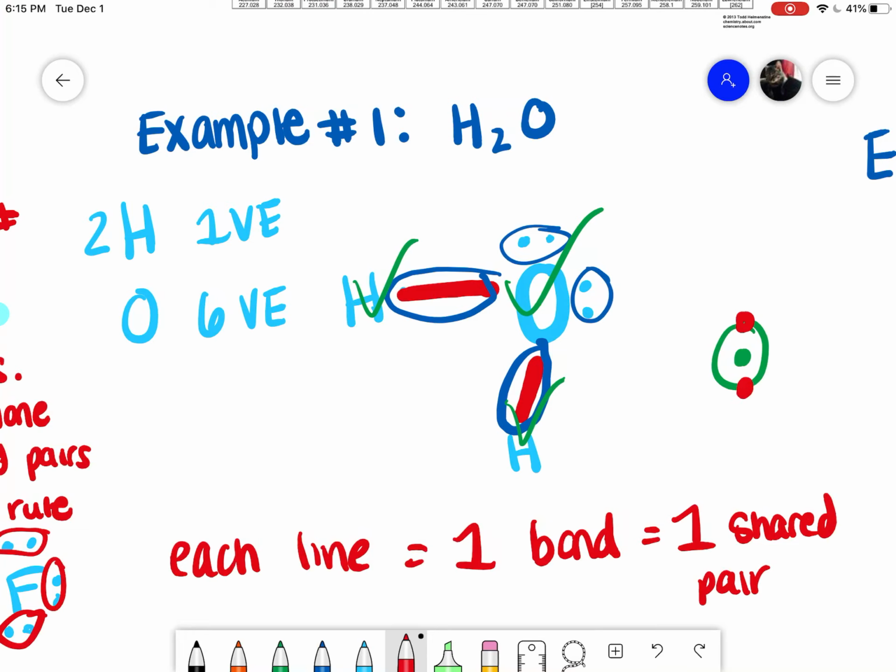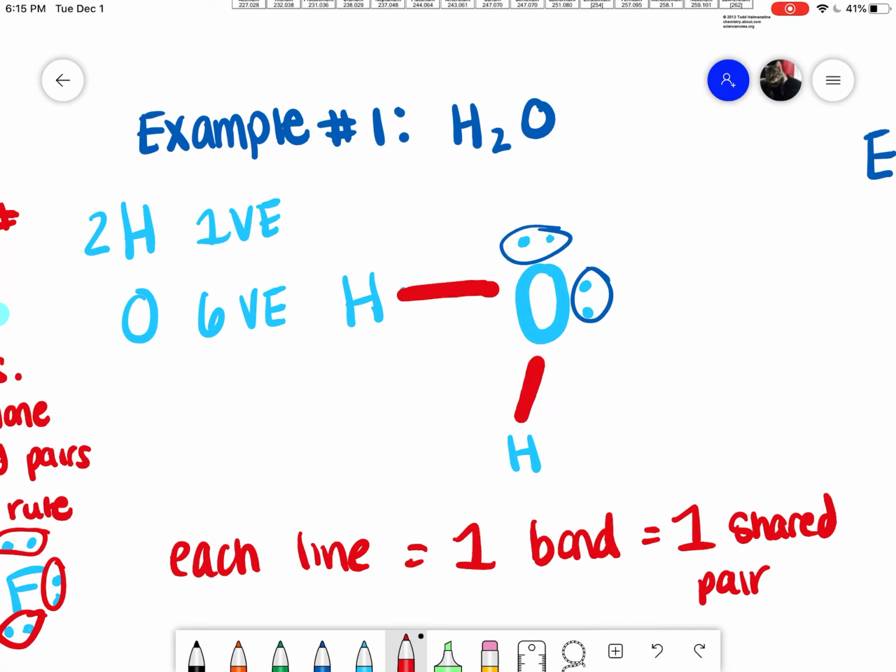And so that is considered a full octet for hydrogen, because that's as many as that orbital can take. And so all of these have met the octet rule, which means that this is the correct covalent bond drawing with the Lewis dot structures for H2O.